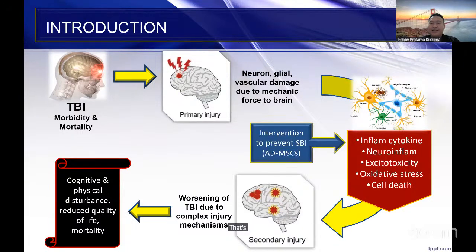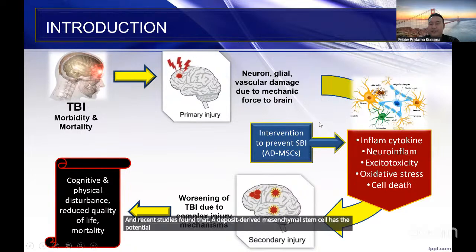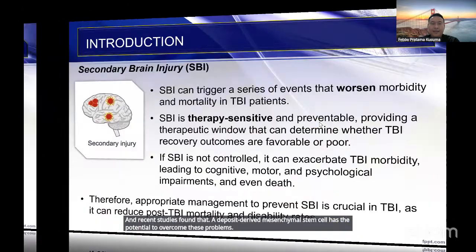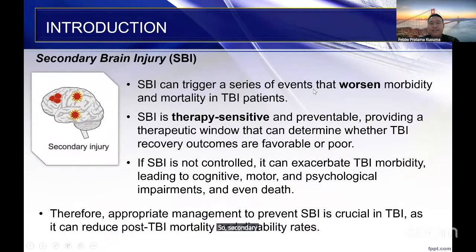That's why an intervention to prevent secondary brain injury is important. Recent studies found that adipocyte-derived mesenchymal stem cells have the potential to overcome these problems. Secondary brain injury can trigger a series of events that worsen morbidity and mortality in TBI patients.